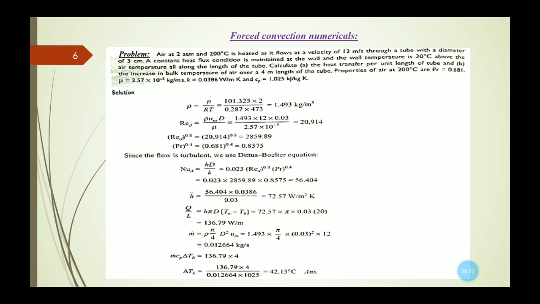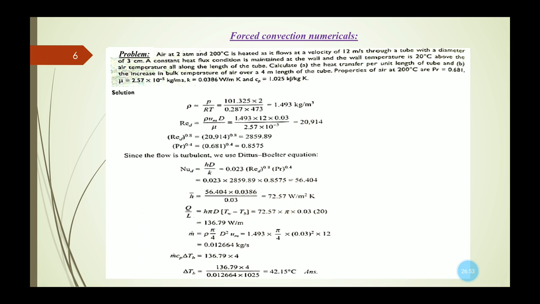Now here, based on the Reynolds number value, we have understood that the fluid is turbulent in nature, so we need to use the Dittus-Boelter equation. That equation we have studied earlier. So the equation for the Nusselt number for turbulent flow is hd by k equals 0.023, Reynolds number to the power 0.8 and Prandtl number to the power 0.4.